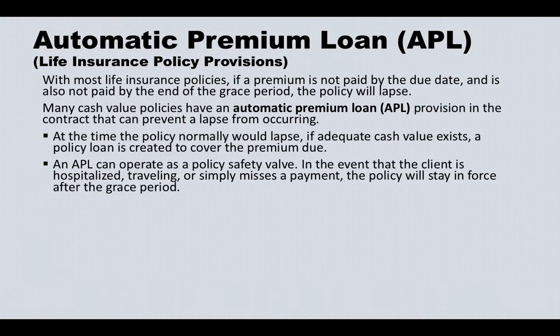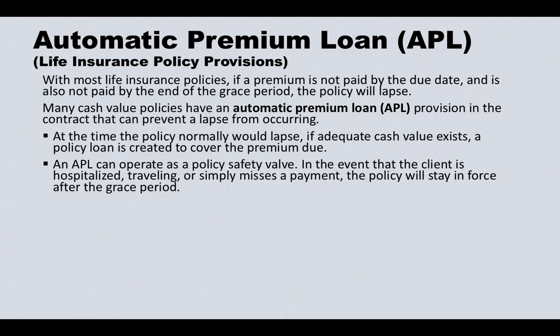An automatic premium loan can operate as a policy safety valve in the event that the client is hospitalized, traveling, or simply misses the payment, and the policy will stay in force after the grace period. So this is great.